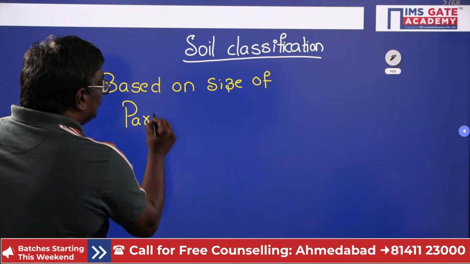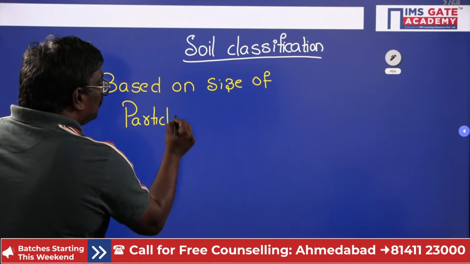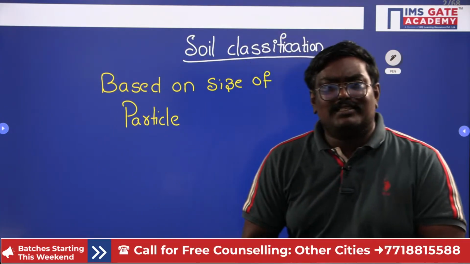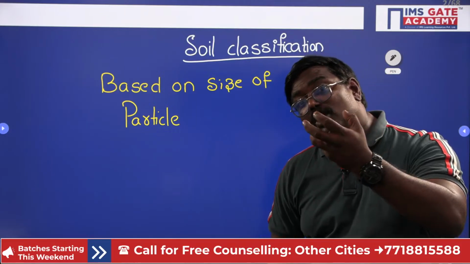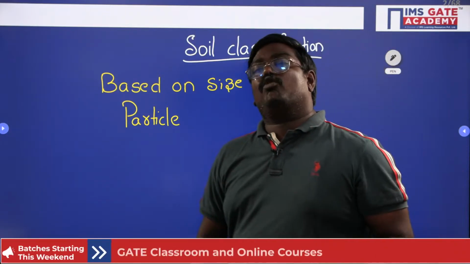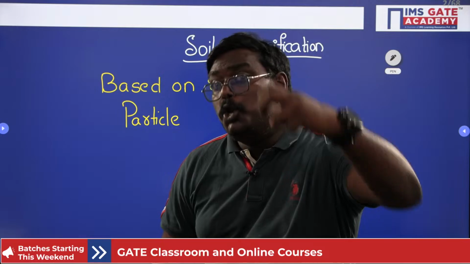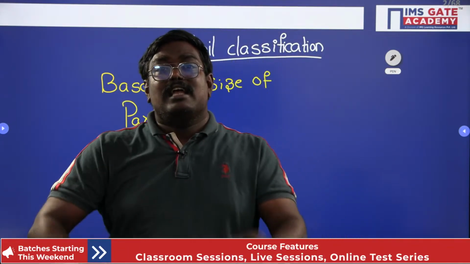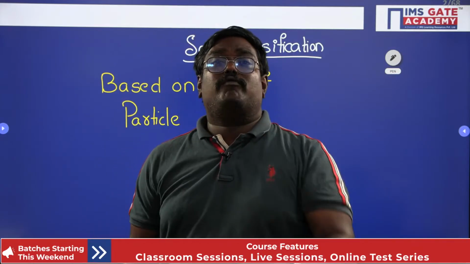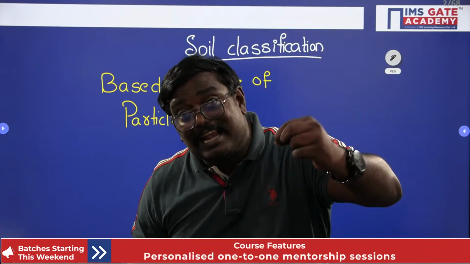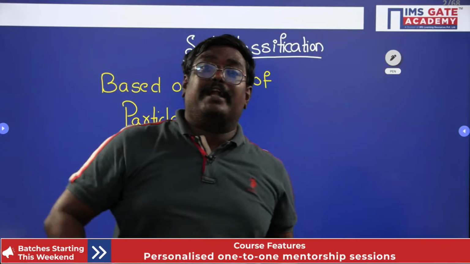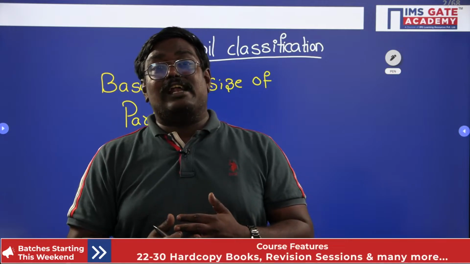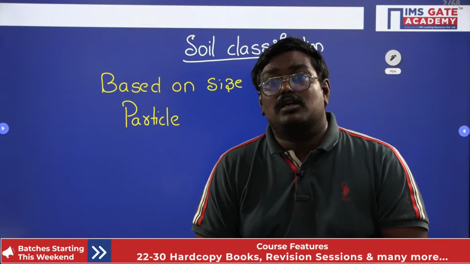In a broader picture, you will talk about fine-grained soils and coarse-grained soils. In simple words, if the size is more, then it is coarse-grained. If the size is less, then it is fine-grained. In fine-grained, there can be clay and silt particles, and in coarse-grained, it can be gravel or sand.